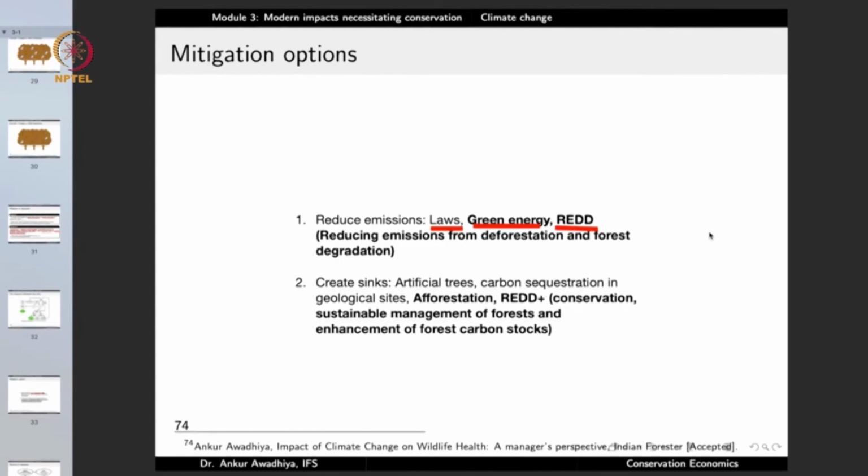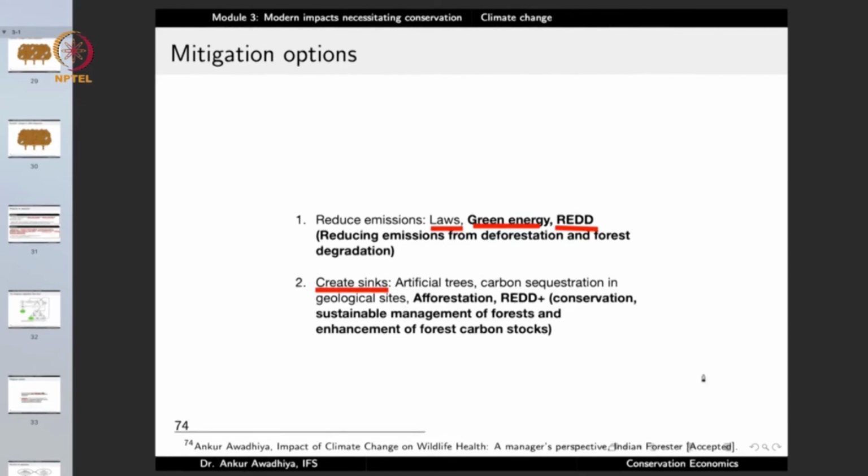Other option that we have is to create sinks, which are the mechanisms that are going to take greenhouse gases away from the atmosphere. Things such as having more amount of afforestation, planting more trees, or going for artificial trees.